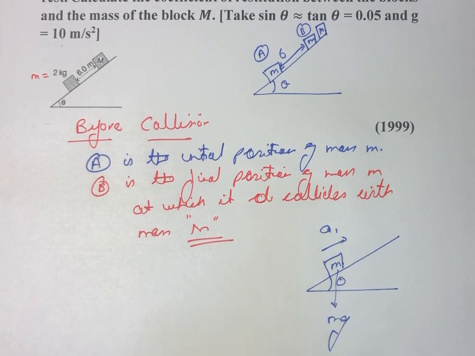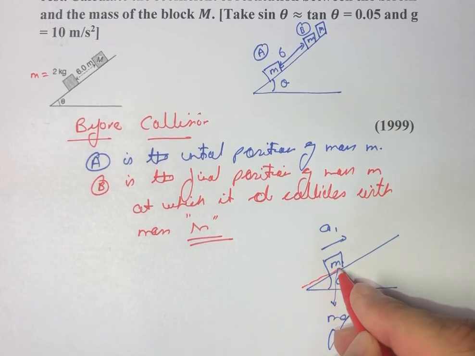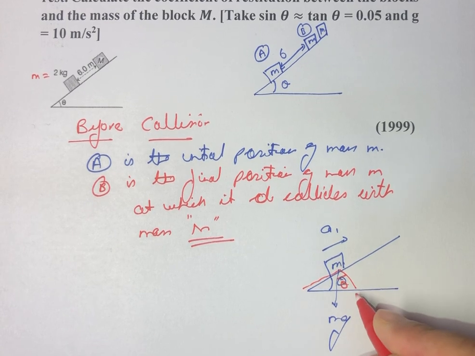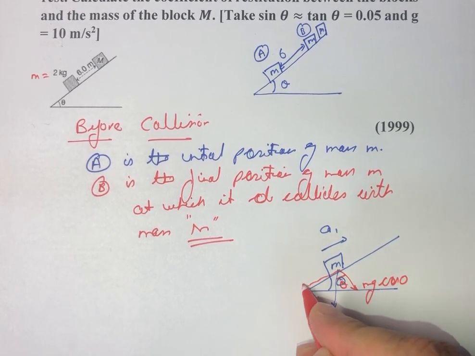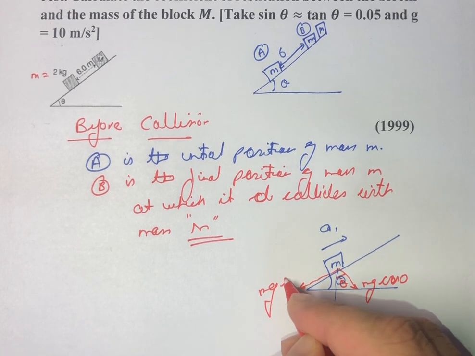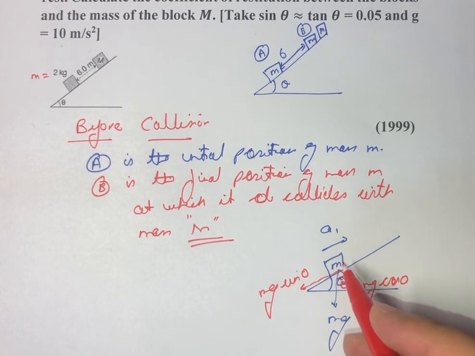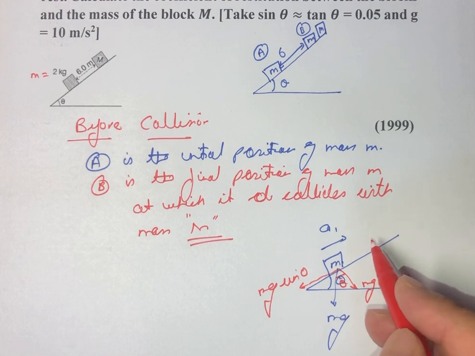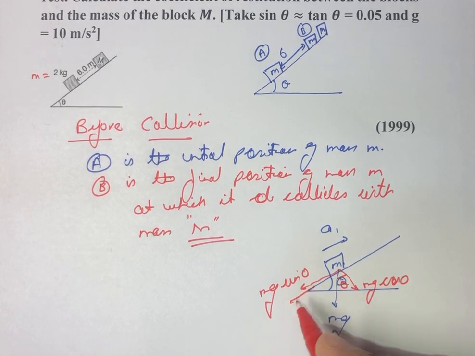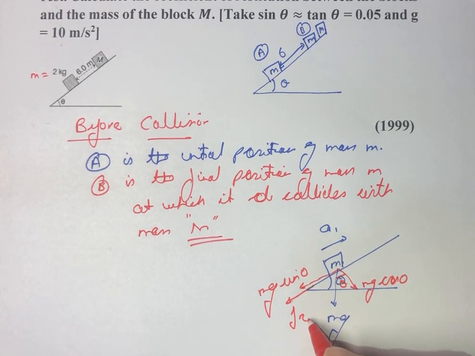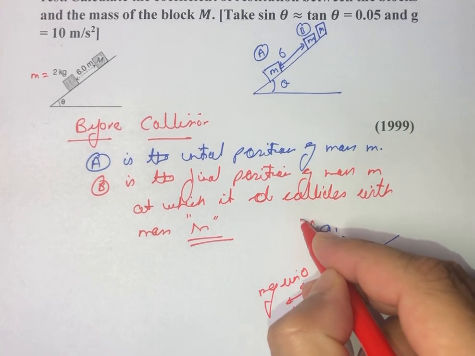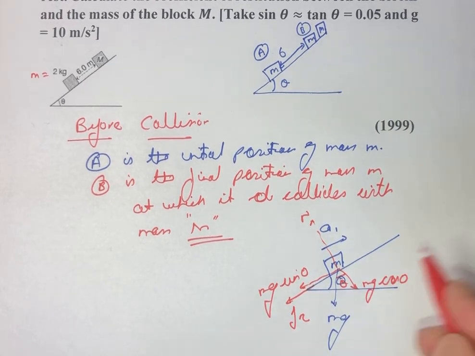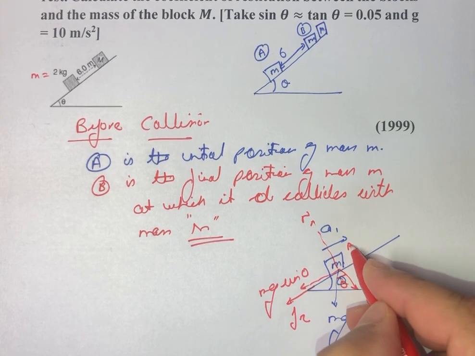This can be divided into two components: mg cos theta, and mg sine theta. As it is moving up the inclined plane, there will be a friction Fr down the inclined plane, and we are going to have a normal, let us suppose N, this way, and this is position A.